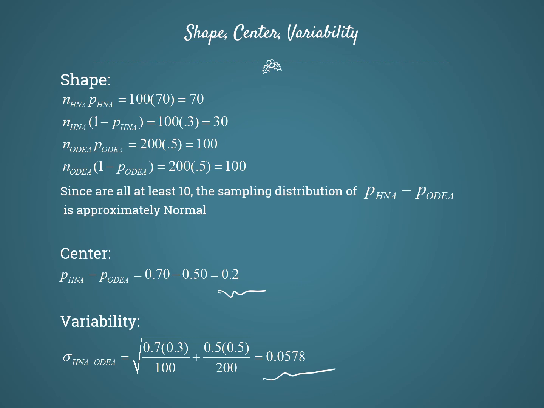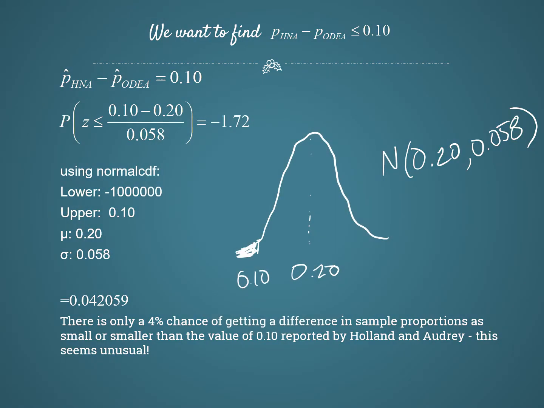Well, if I have a mean and I have a variability, I can find a z-score, and that's what we're going to do next. Okay, so let's go on to that z-score. So we wanted to find in the original problem, P-H&A minus P-O'Day less than or equal to 10%. So we have p-hat H&A minus p-hat O'Day was 0.1. Now that was given to us that we wanted to check. So that's my statistic.